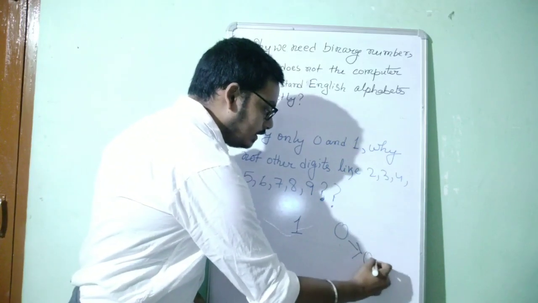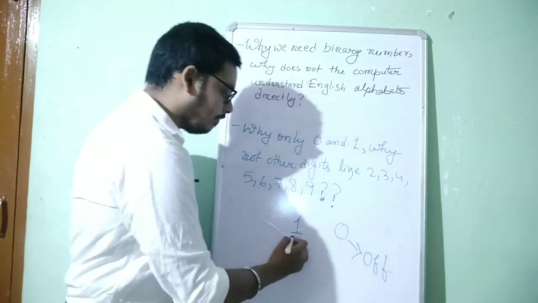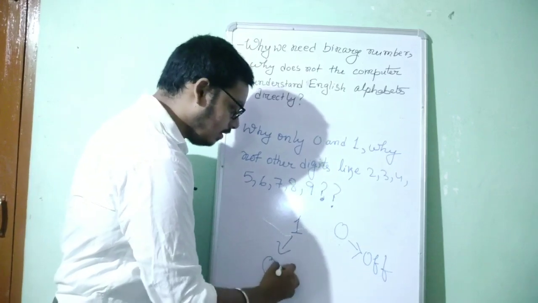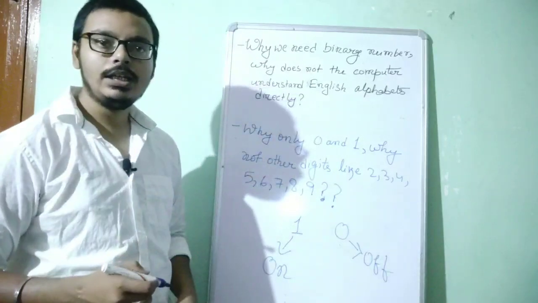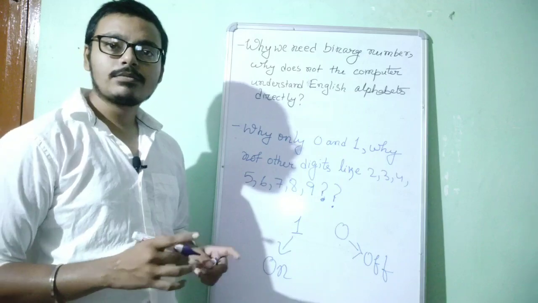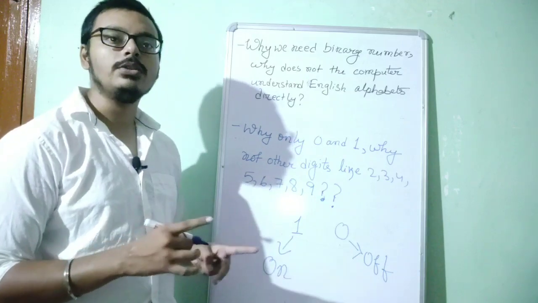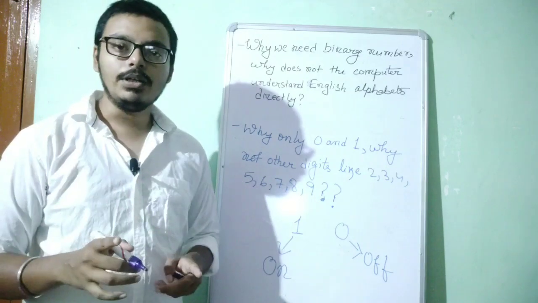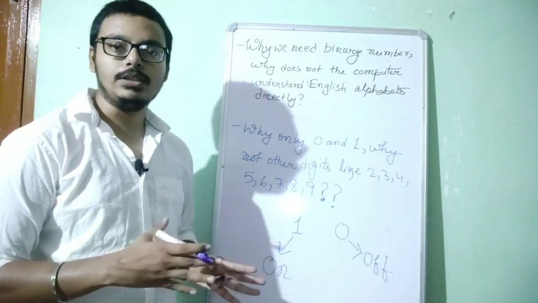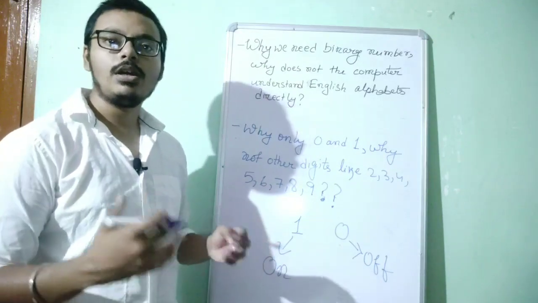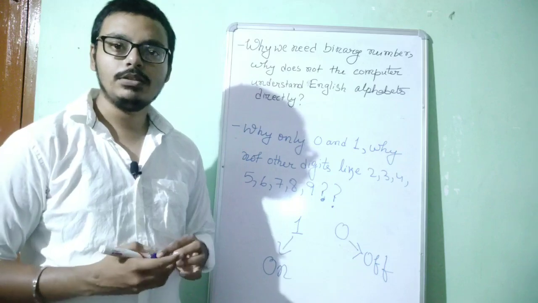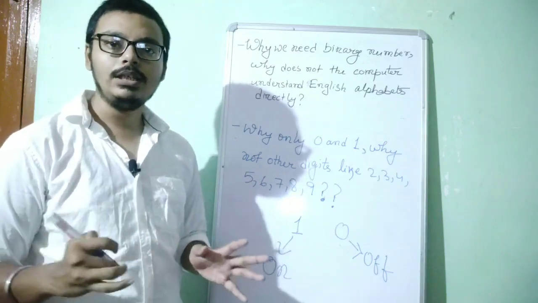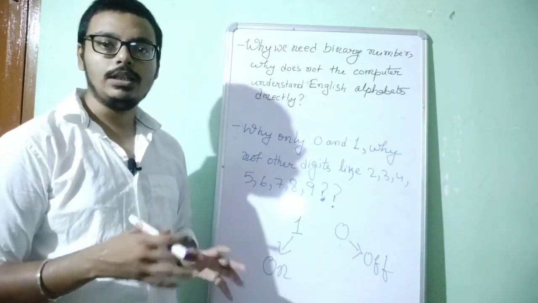So you can say 0 is represented as off and 1 is represented as on. That's why we say that the computer uses binary numbers to store information, for our logical purpose, so that we can easily understand the processing.